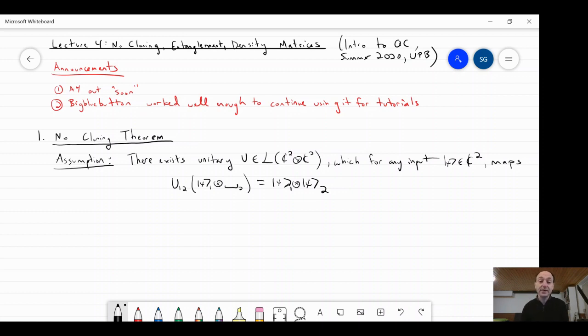What we're saying here is that if I take 1 copy of psi, and I have 2 registers here, and I apply the unitary, it should create a second copy of psi in the second register. And these should be in tensor product, they should be uncorrelated. I've left this space blank here, and you might ask, what initial state should we have in that register? It turns out it doesn't really matter.